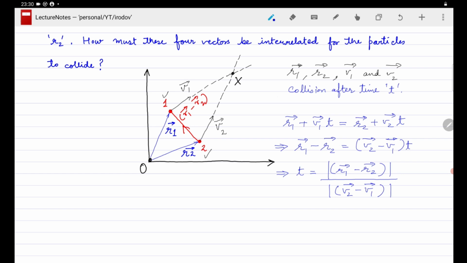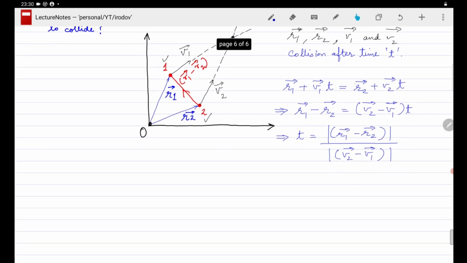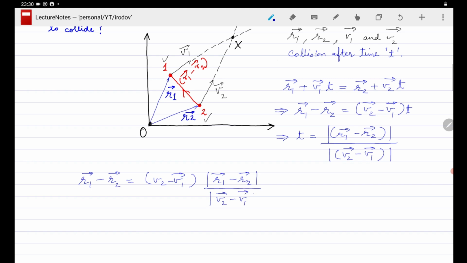We can substitute this value of t in our previous equation to get r1 minus r2 is equal to v2 minus v1 multiplied by modulus of r1 minus r2 divided by modulus of v2 minus v1.